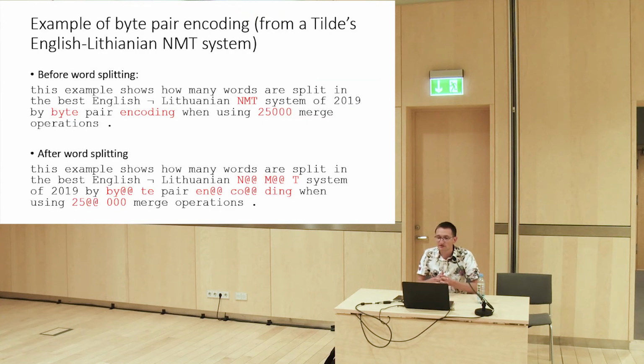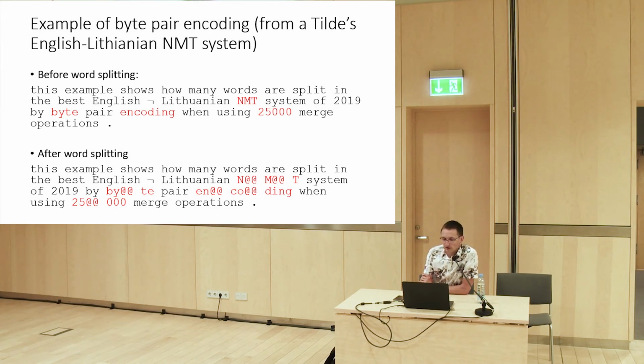What it does is it splits rare words down to smaller parts, but it keeps frequent words unsplit, because the merge operations will learn that frequent words should not be split. For instance, here you see an example from an English-Lithuanian NMT system that we trained recently.